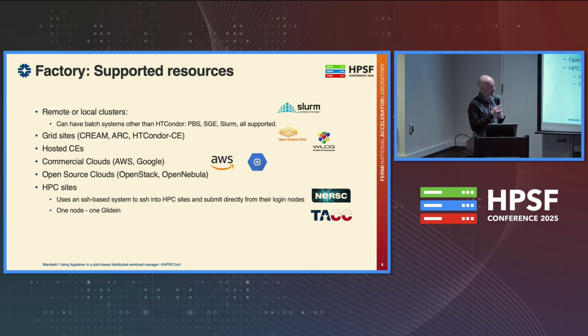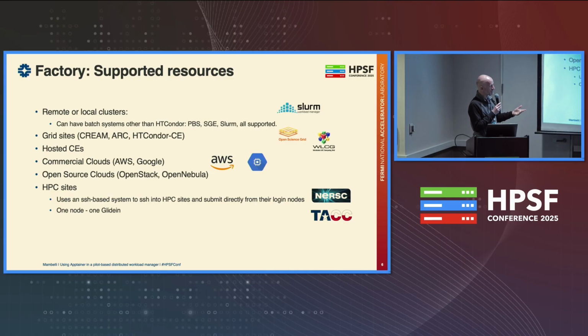The resources are very heterogeneous, so we go from a local cluster to grid sites with different protocols to connect to OSG. When a remote cluster doesn't want to support one of these protocols, there is a VM acting as a gateway. There are also commercial clouds, AWS, Google, with some tests on Azure, open source clouds, and HPC sites.